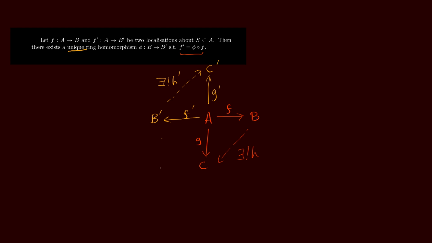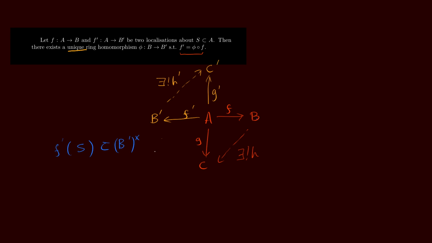Well, what map does that? This map does. They both have the same domain, and F prime, since it's a localization, most certainly sends S into the group of units of its codomain. And that's what we need G to satisfy. In that case, the universal property of F gives us this unique homomorphism from B to B prime.